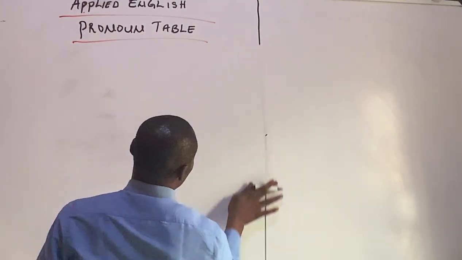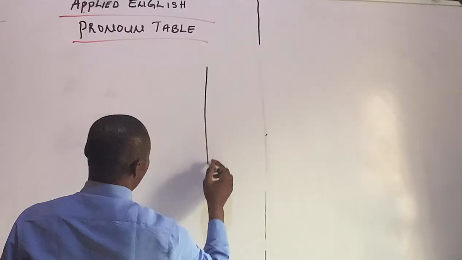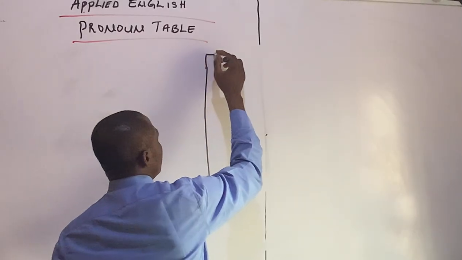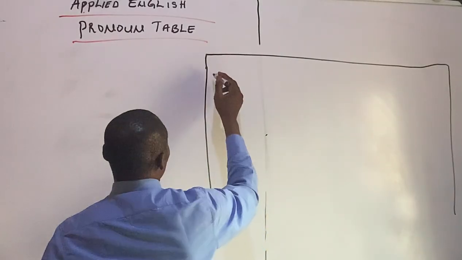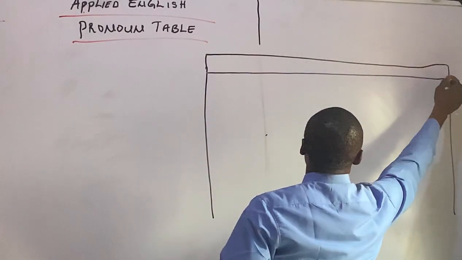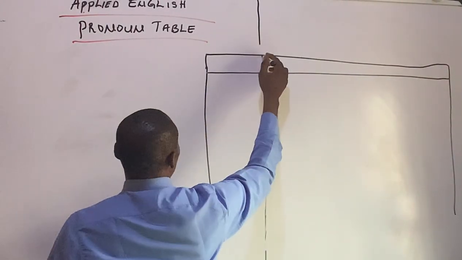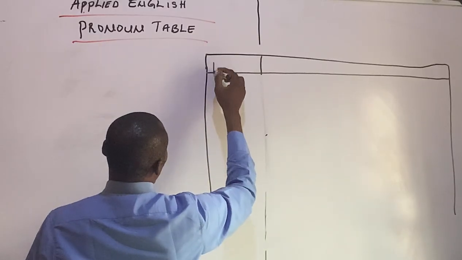All right, we have a big table. Draw a table. In this table, we are going to start off by giving you the pronouns.